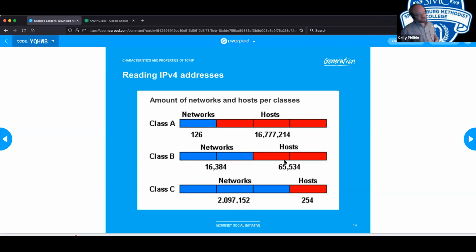Same thing happens with our computer networks. And that's why for me, it's easier to think of these as cities. A Class A network is going to be, you know, like your New York City. There's not many cities with that volume of people compressed together. But for each one of those you need a ton of computers in those networks. And this is where the subnet mask becomes so important.